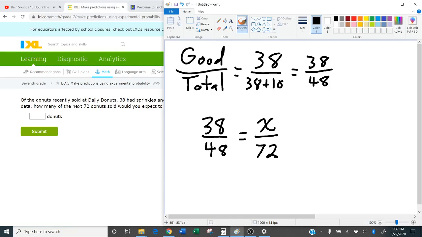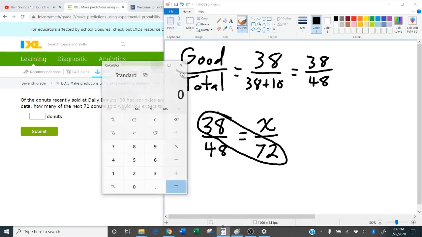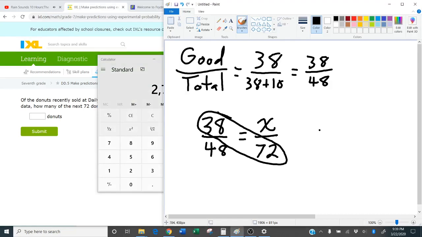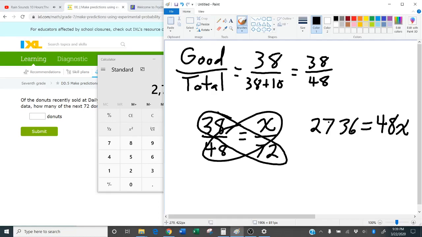I probably could have reduced this fraction beforehand. That's okay. If you have a calculator nearby, it's really not too hard. Just do 38 times 72, 2,736 equals 48x. That's from here.